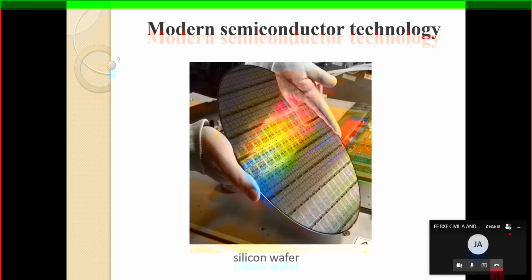Okay, this is the modern technology, meaning today's technology. You can see a silicon wafer, and here the transistors you can see are the black dots, 1 2 3, the black dots are the marks of a transistor, and that is the display. This is the display in your smartphones.